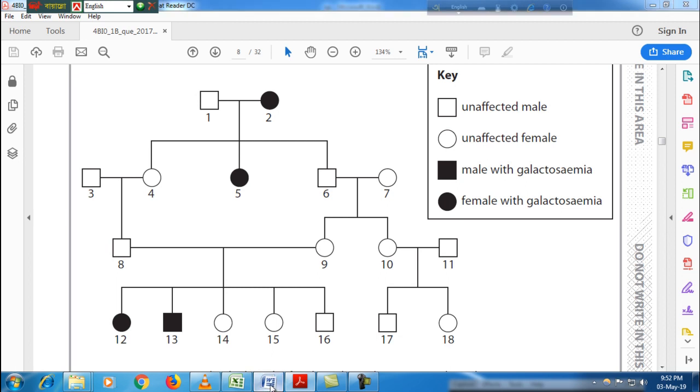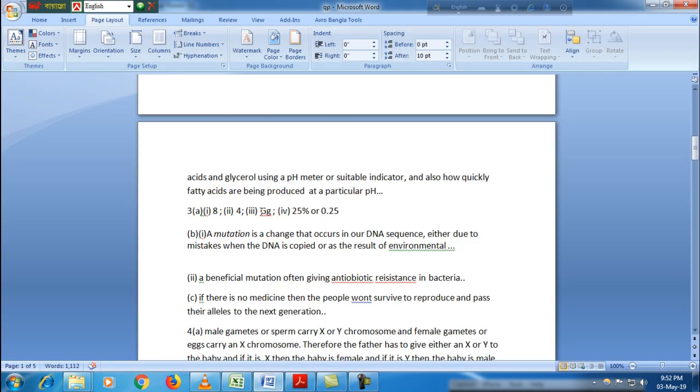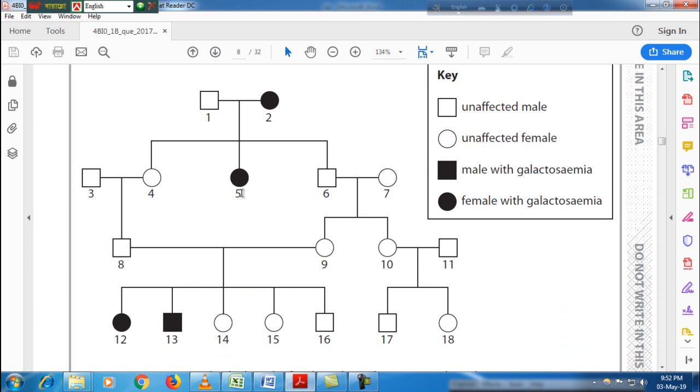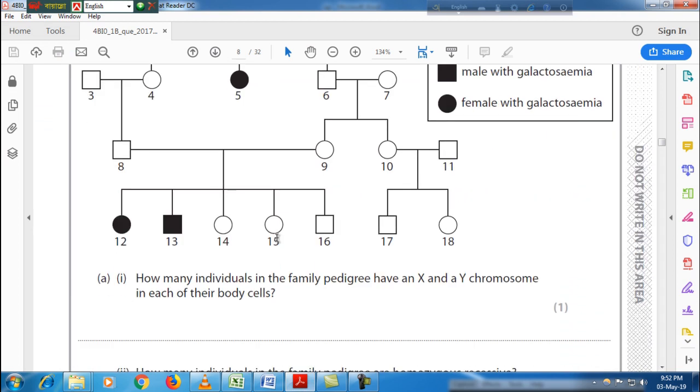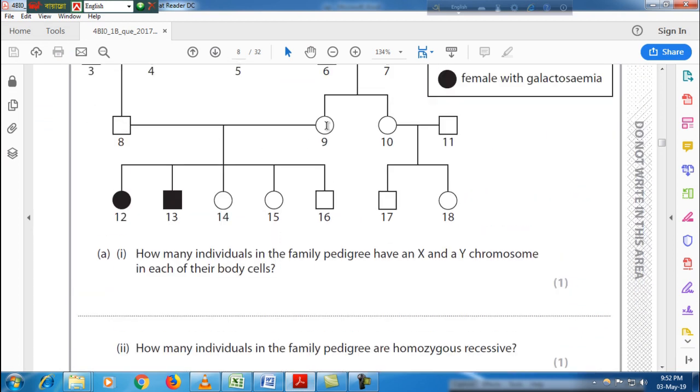It will be capital letter G and small letter g. And if you also see in the next diagram of 8 and 9, you see the children are not affected. Okay, that means 8 is also heterozygous, 9 is also heterozygous, and for this reason the children are not affected. That means there is dominant capital letter G in both 8 and 9.